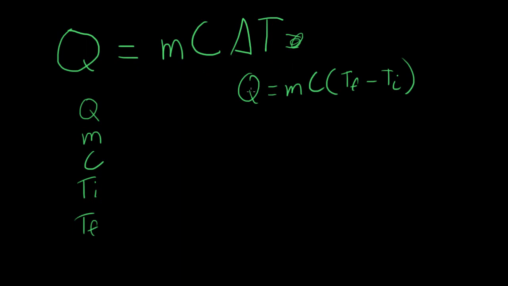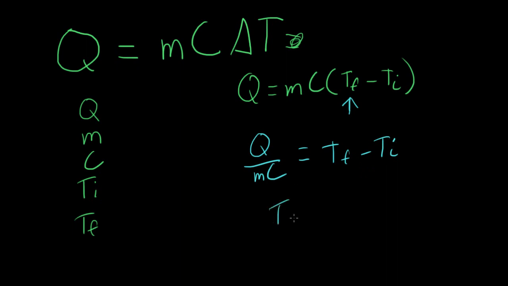The only time it's sort of a pain is if you're solving for something like final temperature, which I'll solve for you real quick. Let's divide by MC. So we're going to have Q over MC equals TF minus TI. Well, if we're solving for final temperature, we'd just add TI to both sides.